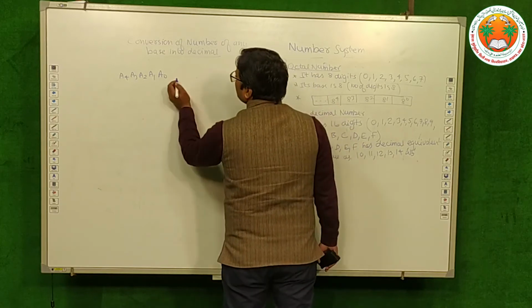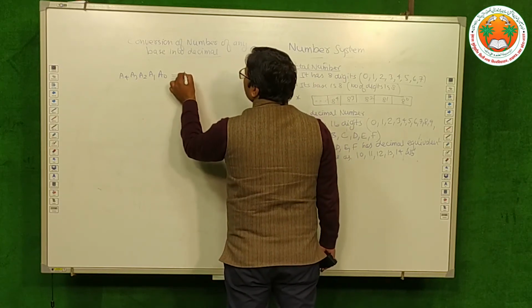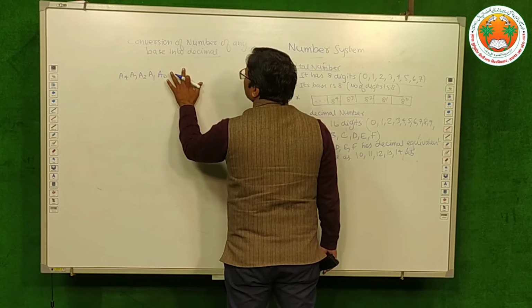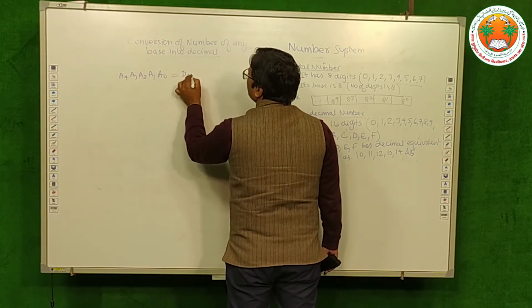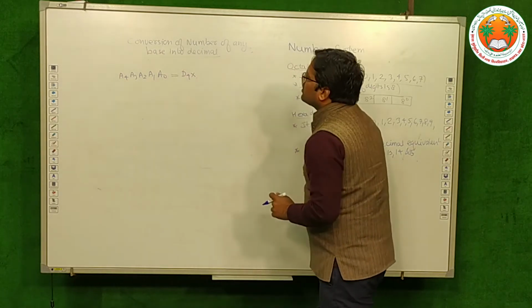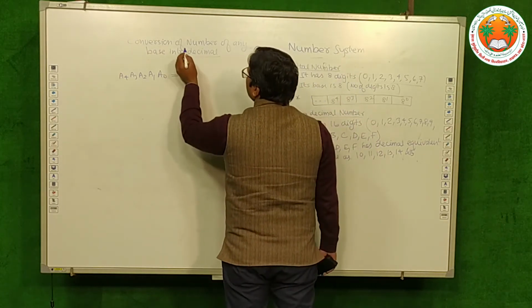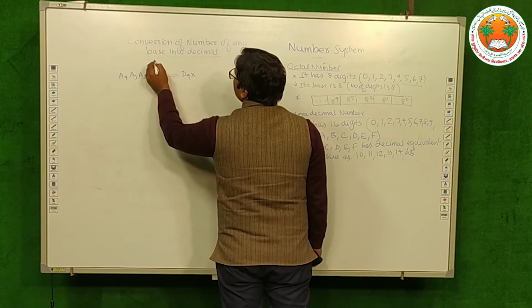To convert this number, we will use the decimal equivalent of the digit, that is D4, and we will multiply it by the base.